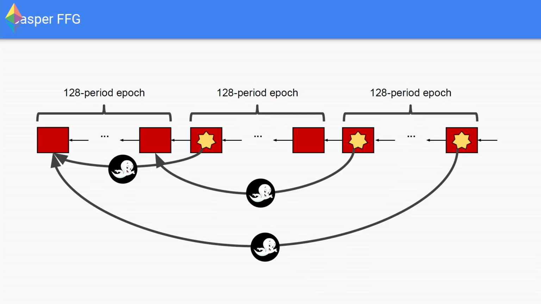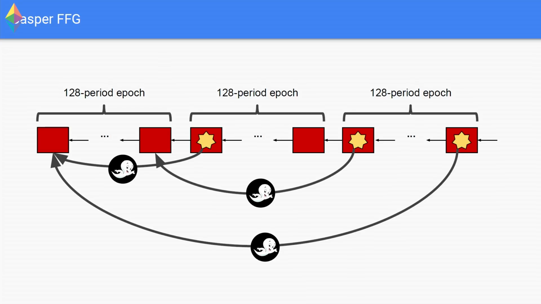But another thing is that these crosslinks are also dual-purposed as Casper votes. When the beacon chain includes a crosslink, it has, at the very least, 500 signatures. And each signature is going to correspond to a Casper vote of 32 ETH.